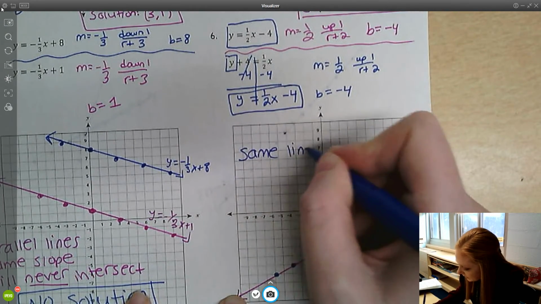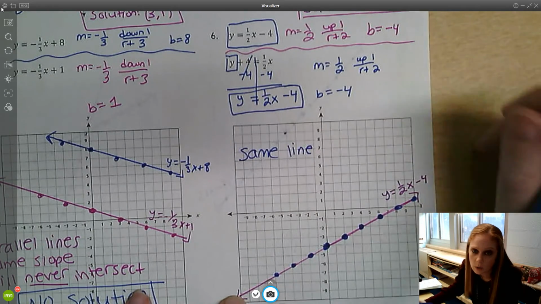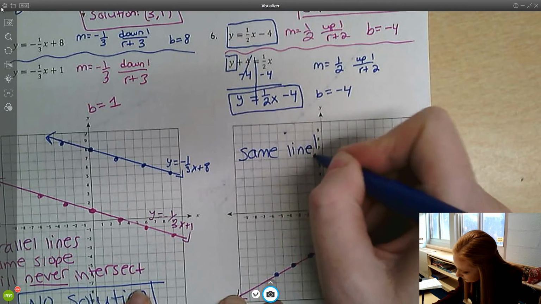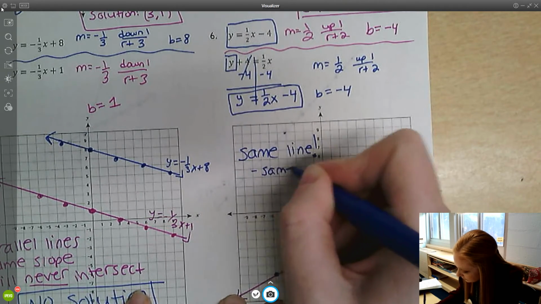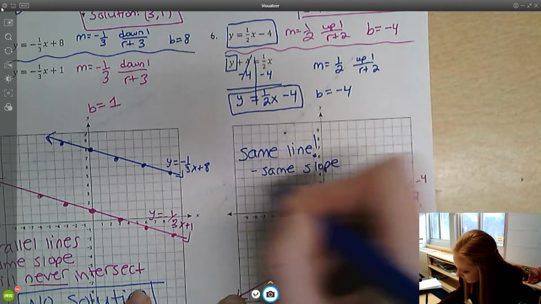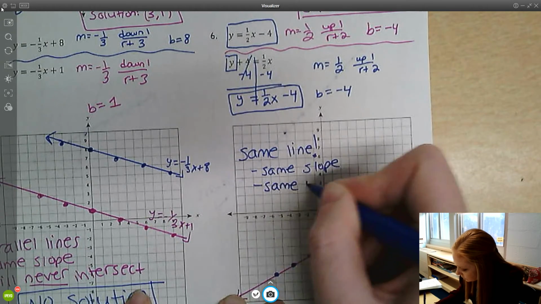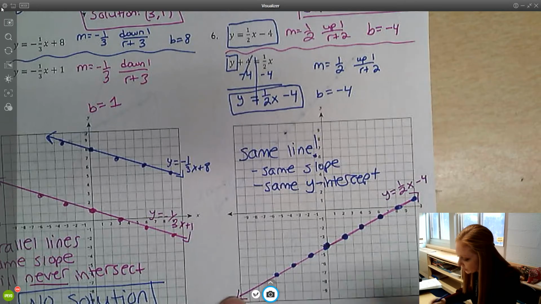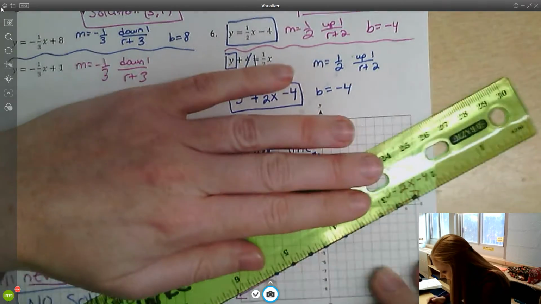We couldn't tell at the beginning, but once we rearranged it into y equals mx plus b form, we saw that they're the exact same line. They have the same slope, and they have the same y-intercept. Let me connect my blue ones.